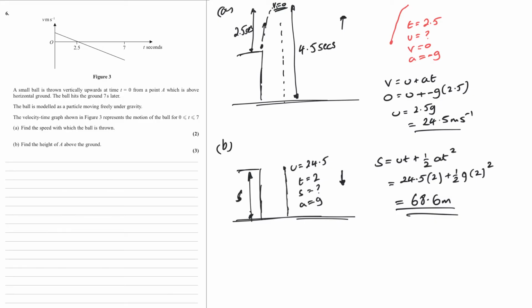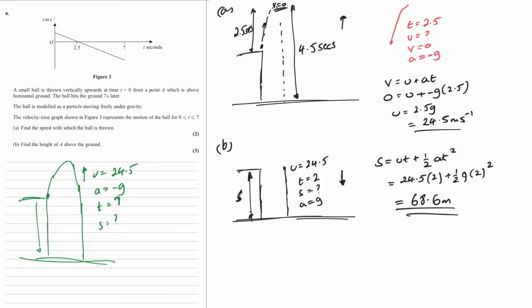Now, in terms of alternate methods, I could have used the original one, which would give me U equals 24.5. Take up as positive here. A would be minus G, T would be 7, S we'd still be trying to find. S will always be that difference. So S equals UT plus a half AT squared.